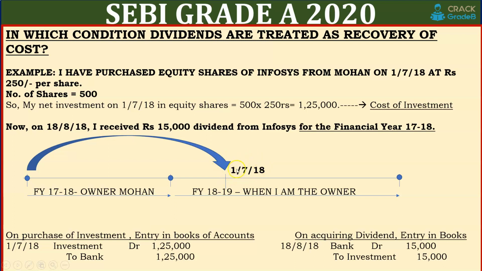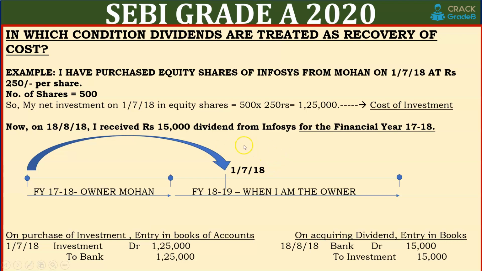So the important concept here is कि whenever I receive dividend for the period in which I wasn't the owner, that is referred to as the pre-acquisition dividend. Okay, and whenever I will get any dividend for the period for which I was the owner of the shares, that is known as post-acquisition dividend.